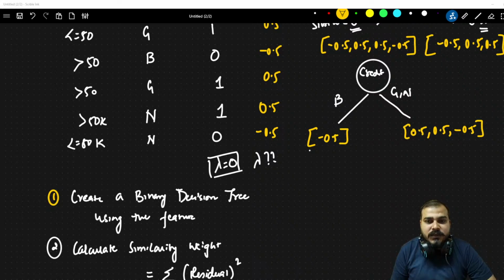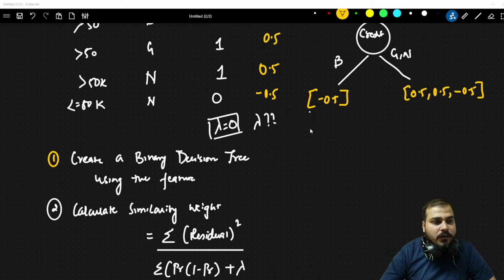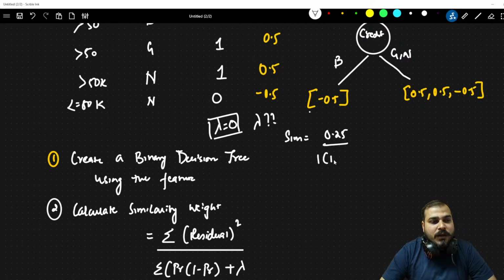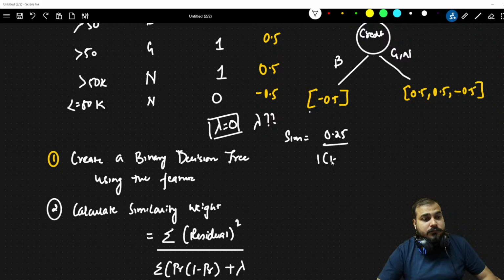Now for the same process, again we try to calculate the similarity weight. This will become 0.25 divided by 1, because it is the square of the residual, the summation of residual square.